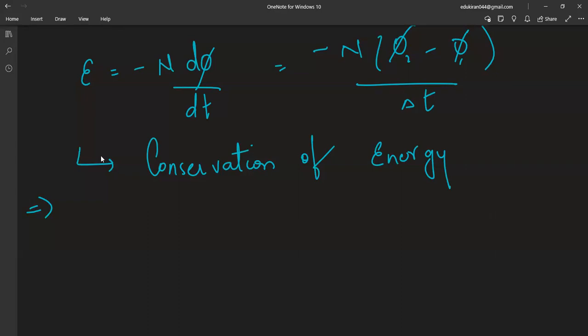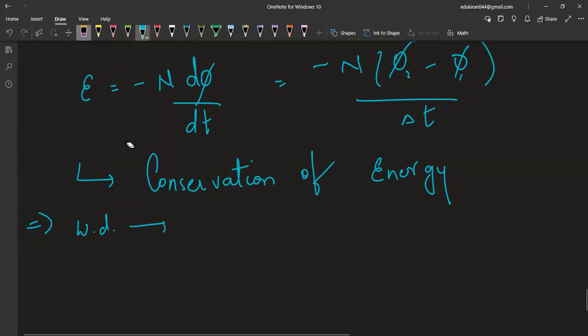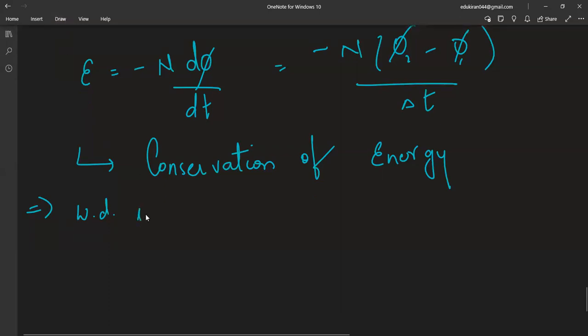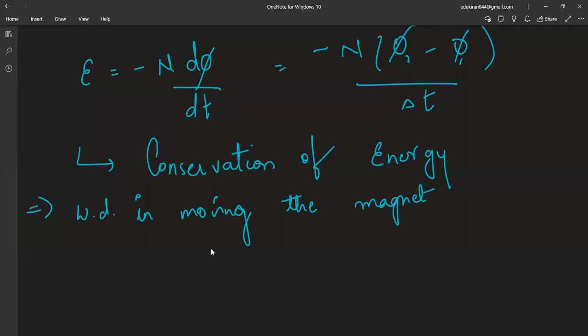Basically, whatever is the work done in moving the magnet, this work done gets converted into electrical energy. So there is a conservation of energy.